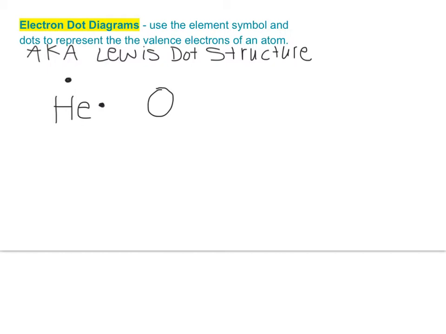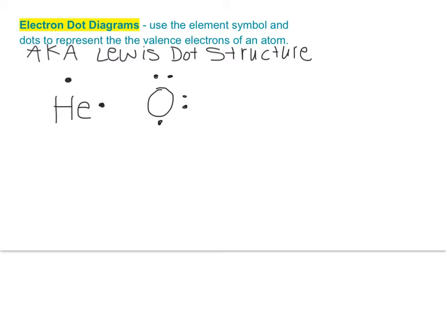The E in helium should be lowercase. Now we're going to add on the valence electrons for oxygen. Oxygen has 6 protons, so it needs to have 6 electrons. But also notice that since it's in group 6, we automatically know that it will have 6 valence electrons.